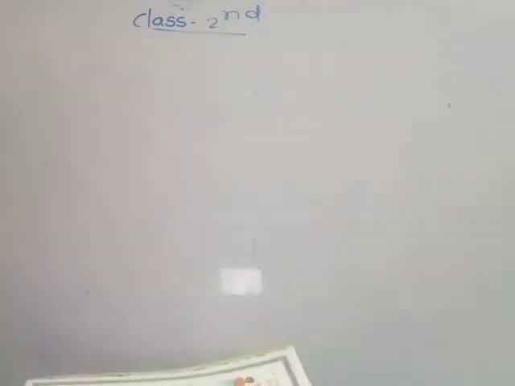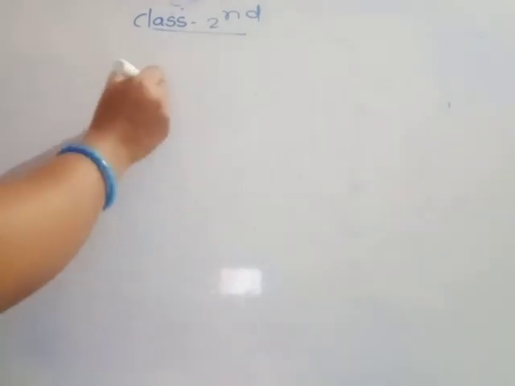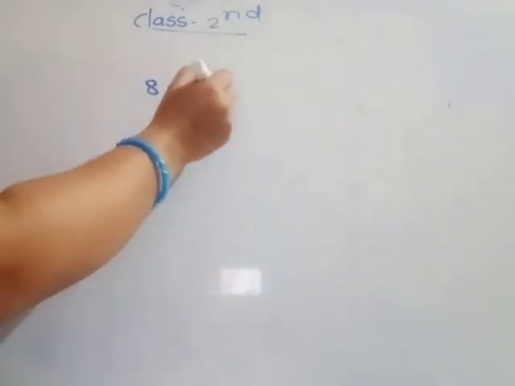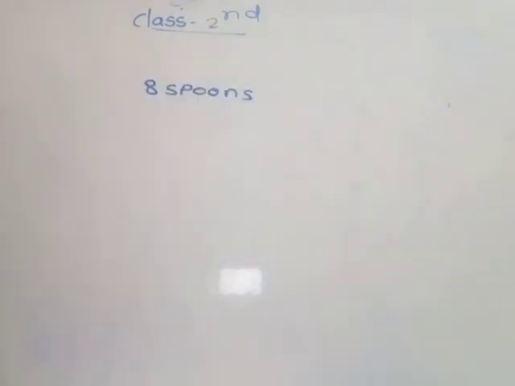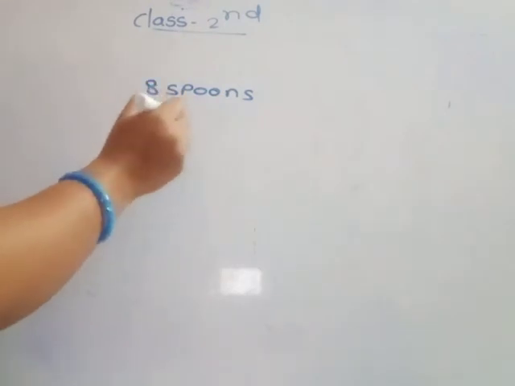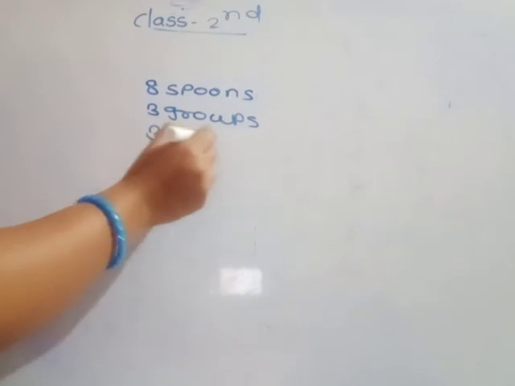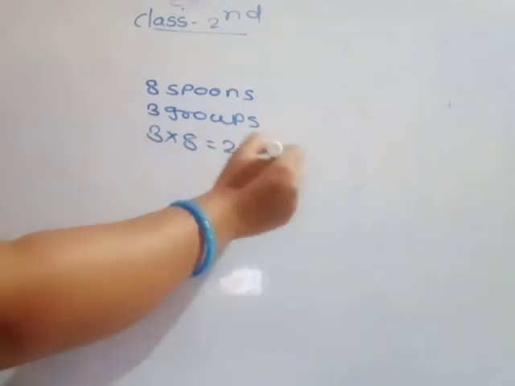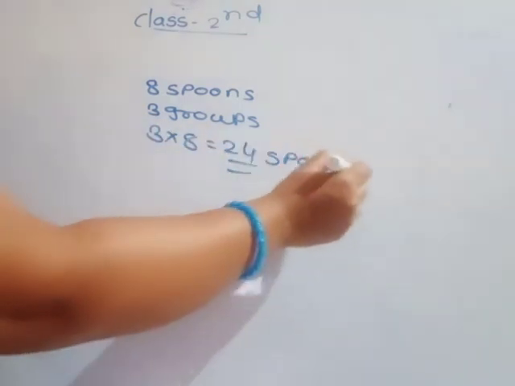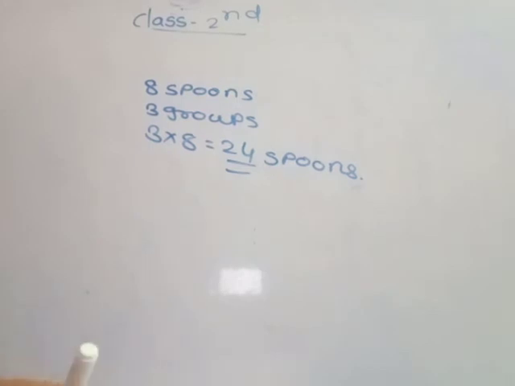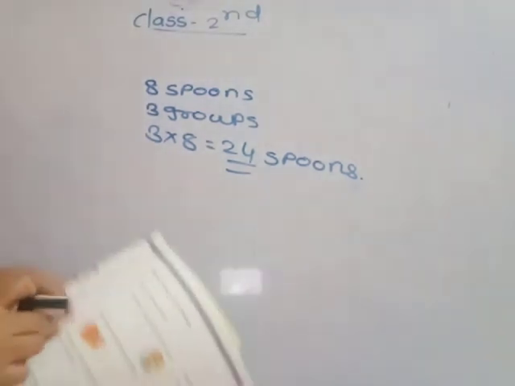Here 3 groups, and in each group 8 spoons. 3 groups means 3 into 8, 3 8s are 24 spoons. Then the total number of spoons is 24.